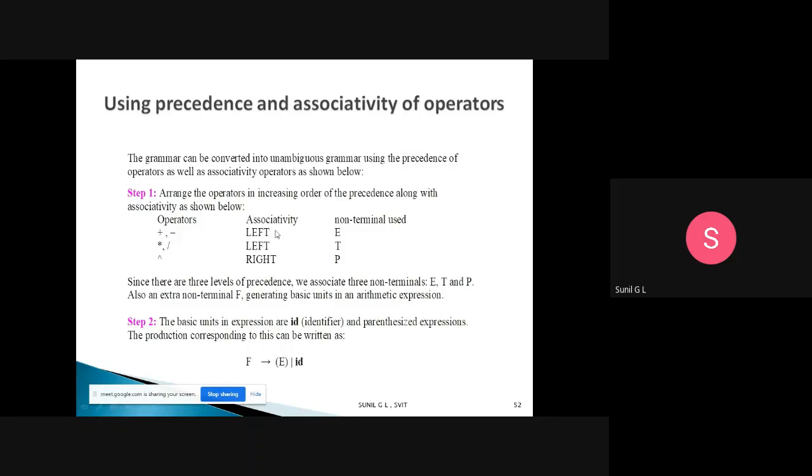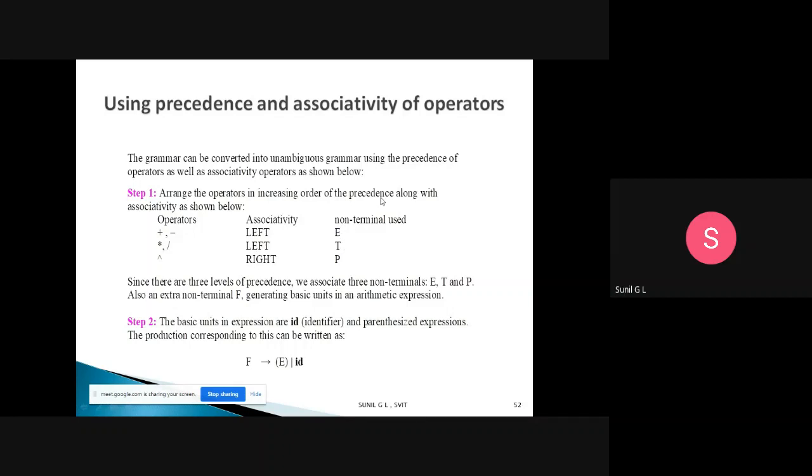You also need to identify the associativity. Plus and minus are left associative, star and division are left associative, and square is right associative. For each one we use a non-terminal: E, T, P. You can use any non-terminals, that is not an issue.